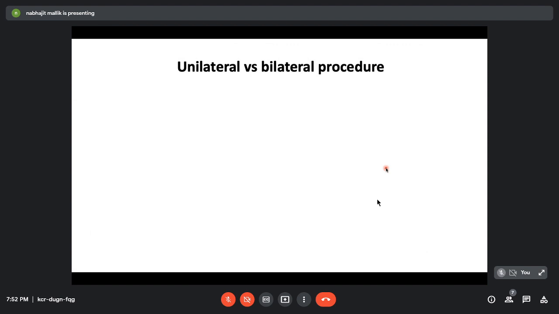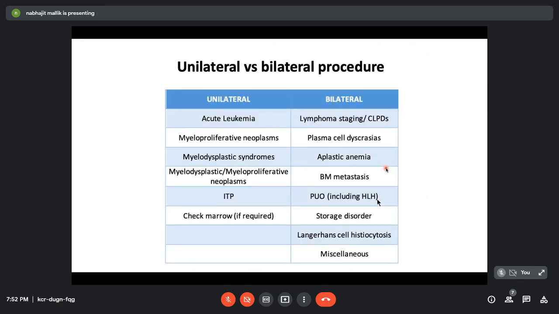Now, this is often a question that is asked: is a unilateral biopsy enough, or should we take biopsies from both sides? So, should a unilateral or bilateral procedure be done? For this, what is usually followed is that for those disorders which have a patchy infiltration or patchy involvement of the bone marrow, it is usually preferred to do a bilateral bone marrow because we get more area to look for the disease.